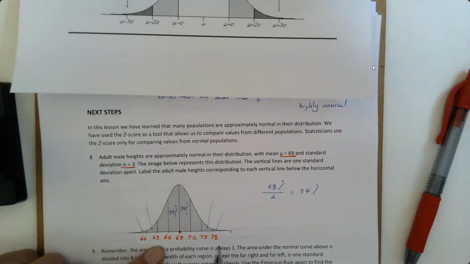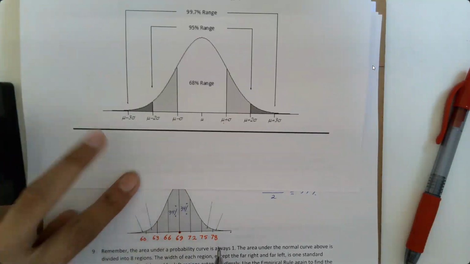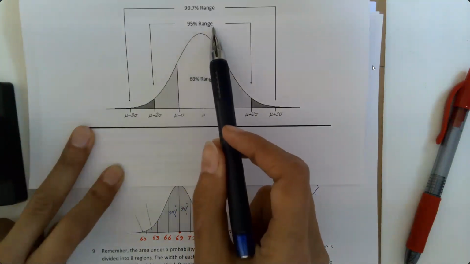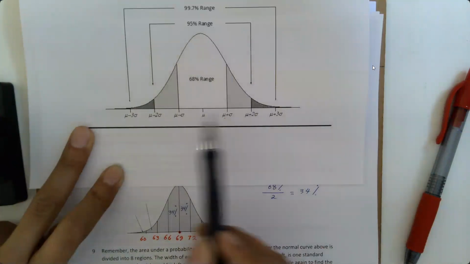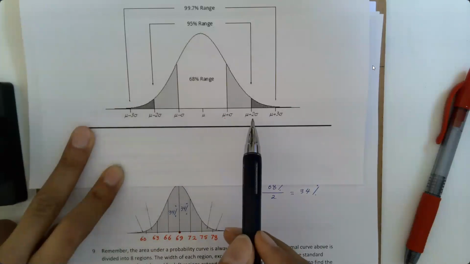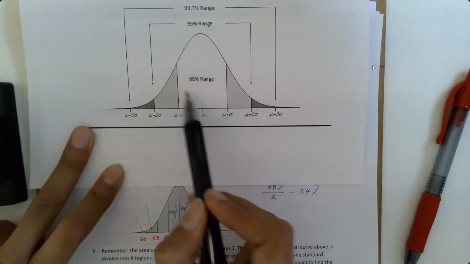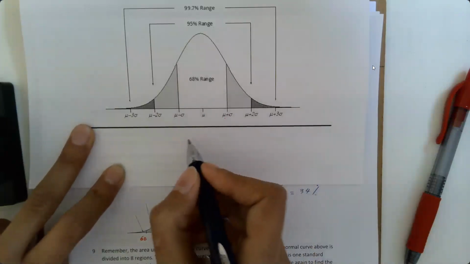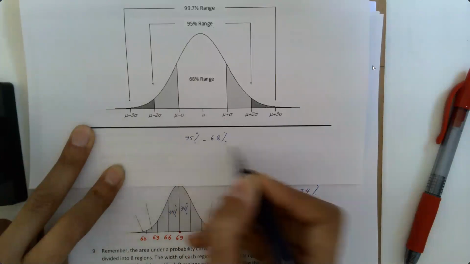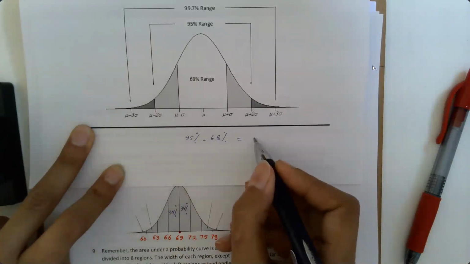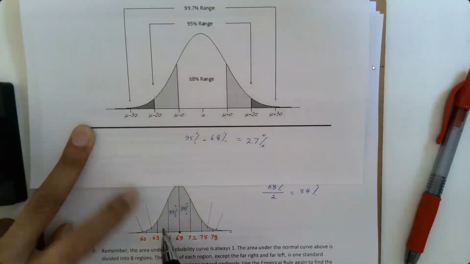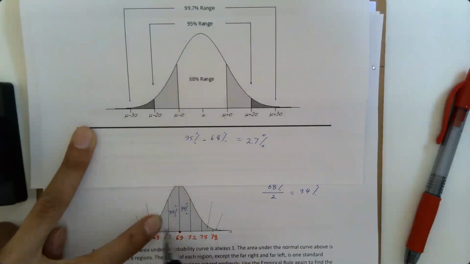Well, okay. We also know that 95% of the data are within 2 standard deviations of the mean. I already know that 68% is in the middle here. So 95% minus 68% is 27%. 27% is divided up into 2 pieces here and here.